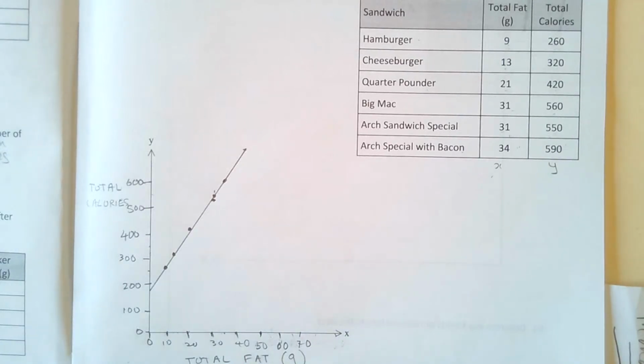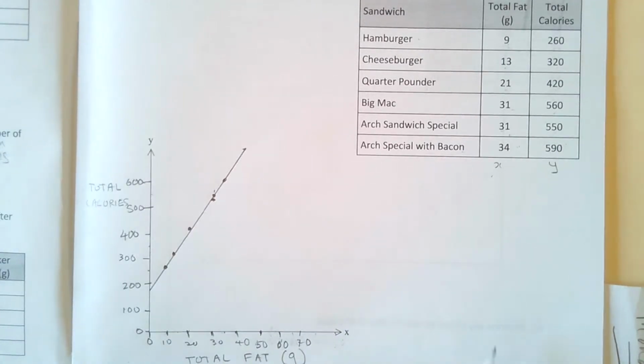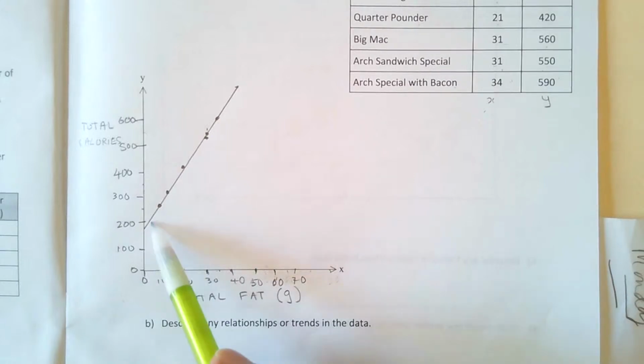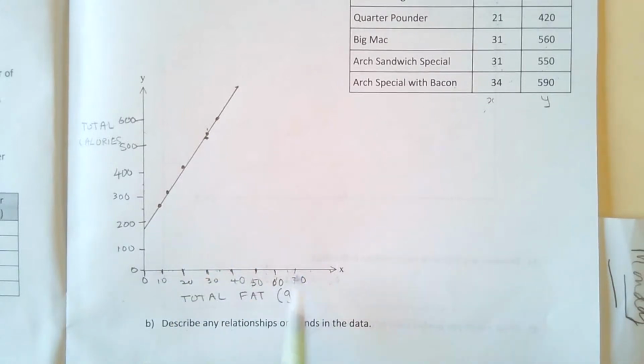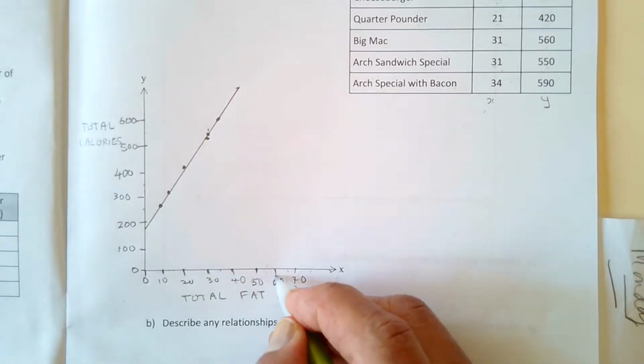So that's our graph. Describe any relationships. Notice as your x value increases, your y value increases.